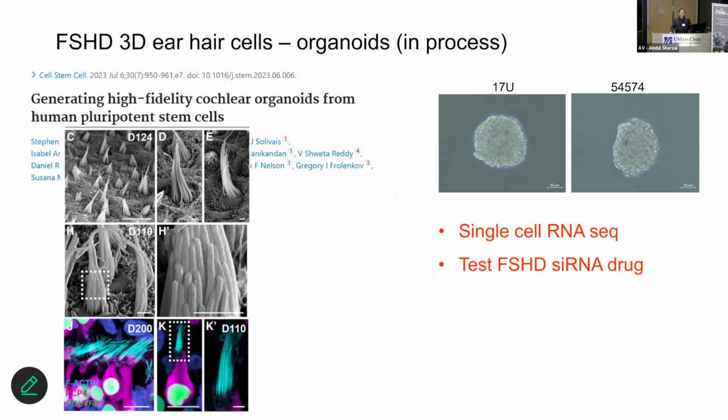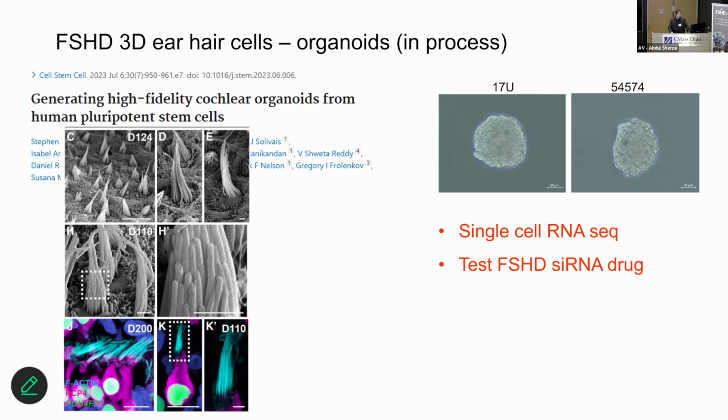But as we know, the ear is very complex. There are many kinds of cell types. So we thought that maybe 2D differentiation can't recapture the spatial structure, and that FSHD iPS-derived 3D differentiation, or organoids, could model the structure. This is a cell image from a reference paper, and here are hair cells. Now we are following this protocol to make FSHD ear organoids.